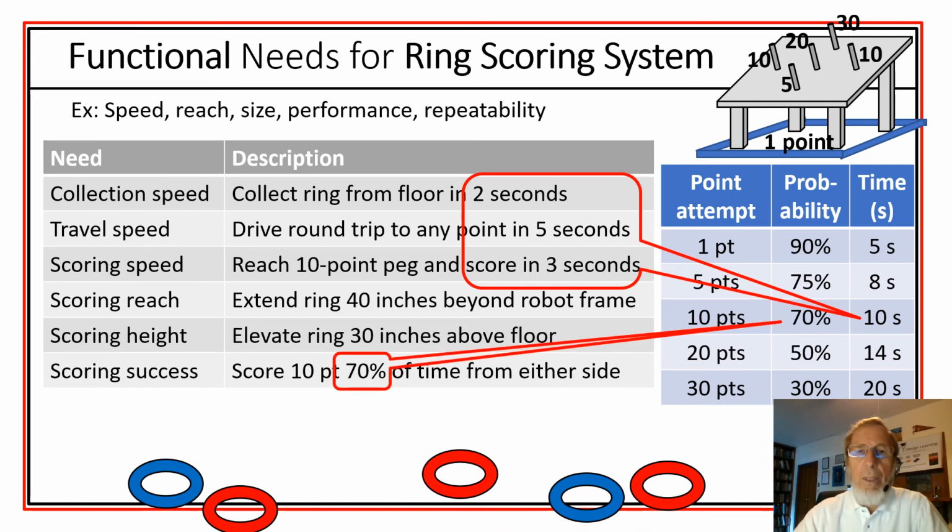All right. Also, we had said that we expected a 70% success rate in scoring on that 10-point peg. So therefore, that needs to be one of those needs that we specify as a functional need for this ring scoring system.